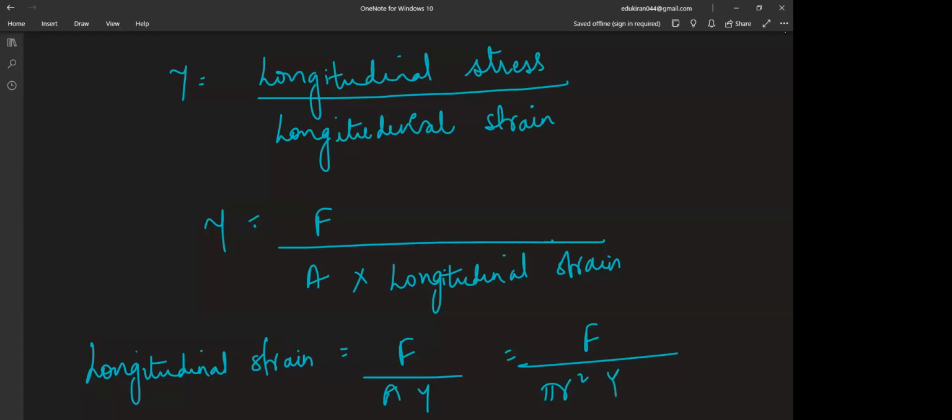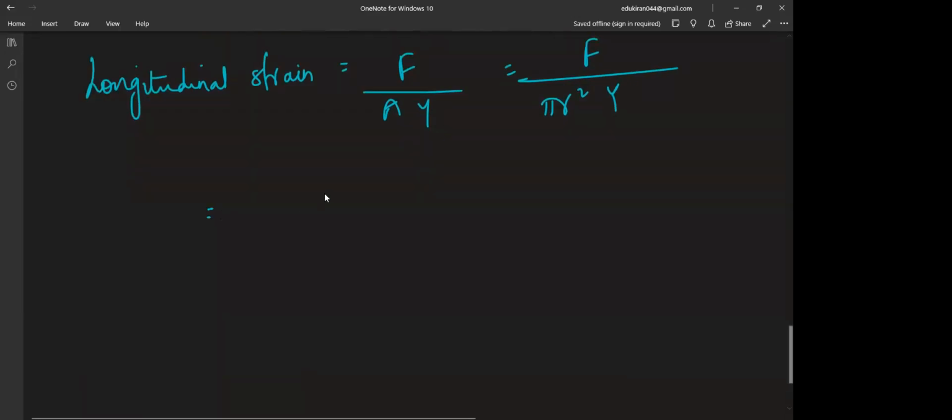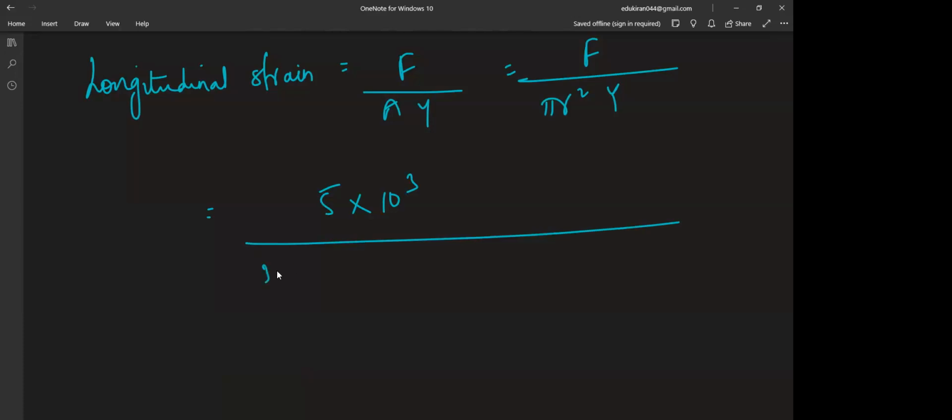Now you just have to substitute the values. Force is 5 into 10 to the power 3. Pi is 3.14. Radius was 3 into 10 to the power minus 3 whole square. Young's modulus was 9 into 10 to the power 10.